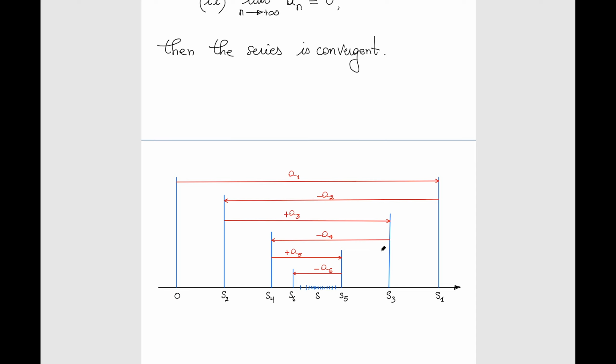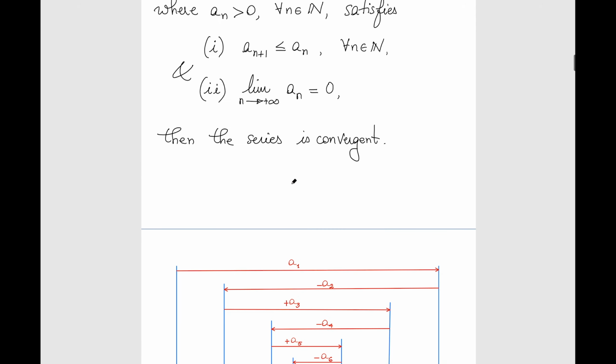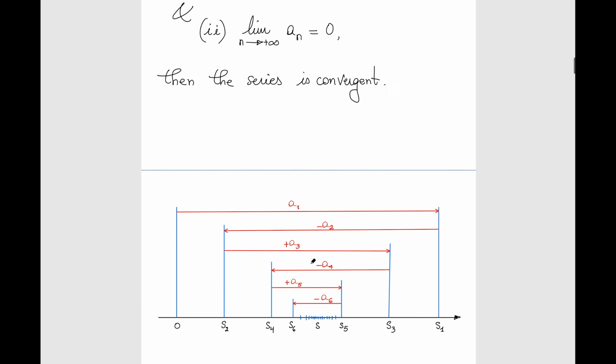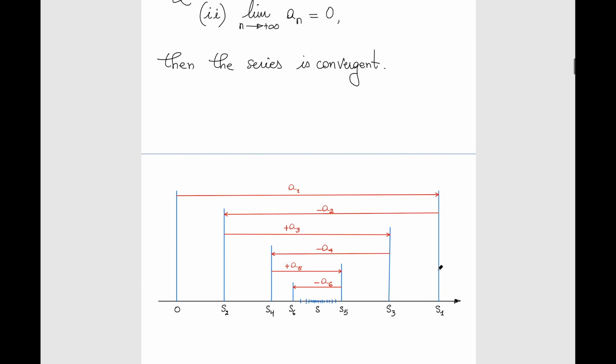Why? Because A2 is less than or equal to A1, because of condition 1. So you're not going to go to the left too far. You're just going while being positive. So you land somewhere, and this is S2. So S2 is S1 minus A2.